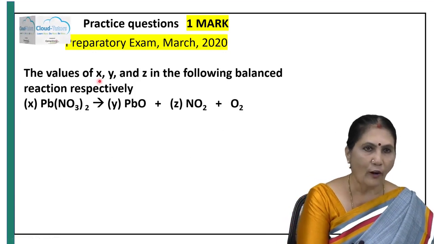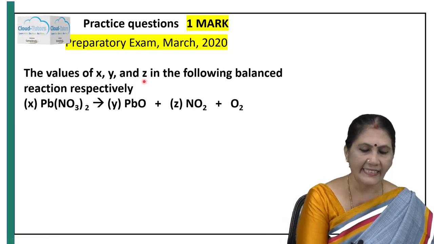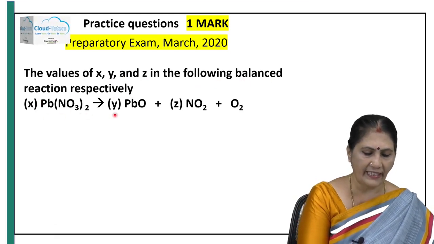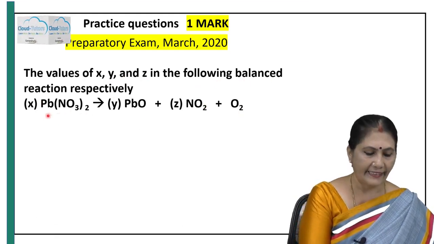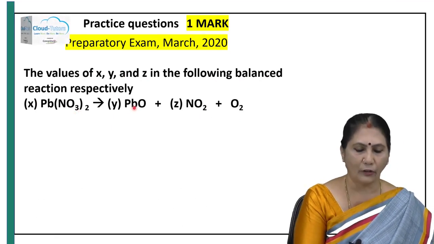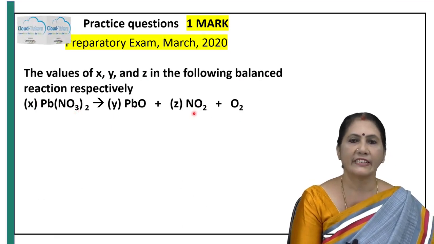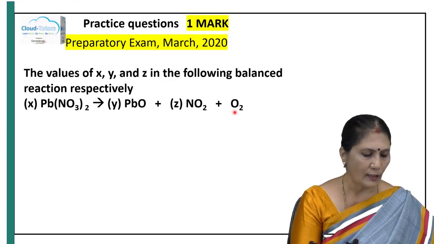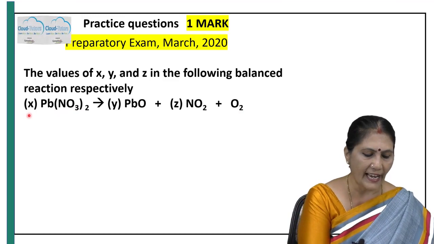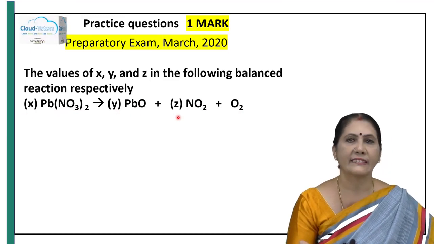The values of X, Y and Z in the following balanced reaction, respectively. Lead nitrate on reacting gets converted into lead oxide plus nitrogen dioxide plus oxygen. What are the coefficients of the reactants and the products is asked.